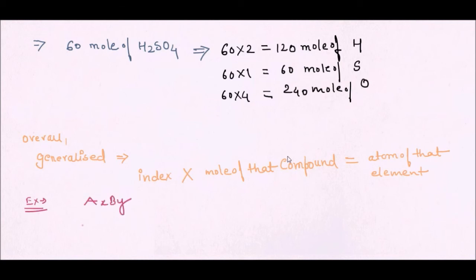Suppose I have a compound that is AxBy, so I can say x into moles of AxBy will give me the total number of atoms of A present in AxBy, in any moles, suppose n moles of AxBy.